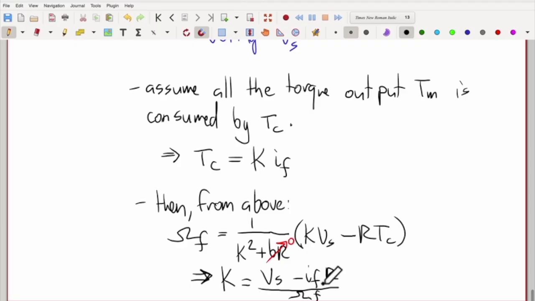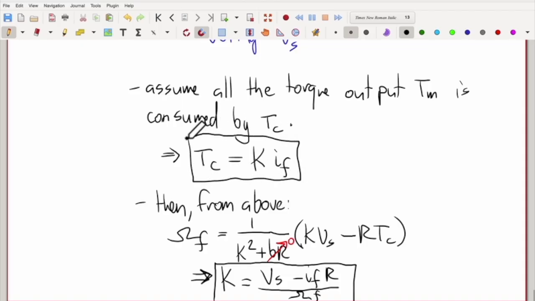Turns out the k drops out here. So we have this relation for k here. And then we use this one here.